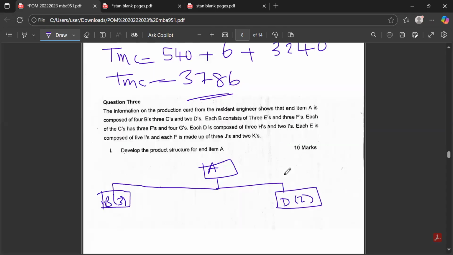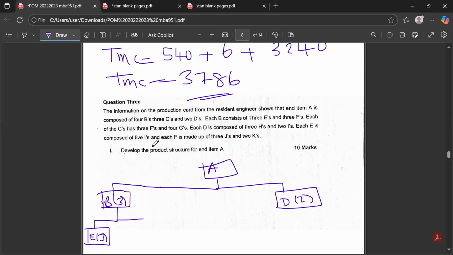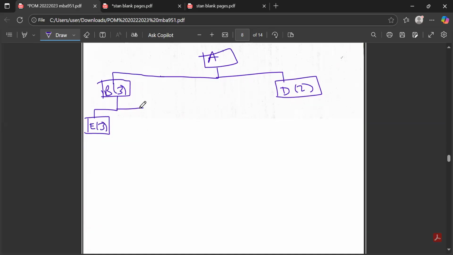Each B consists of 3 E's and 3 F's. So E3 and F3.